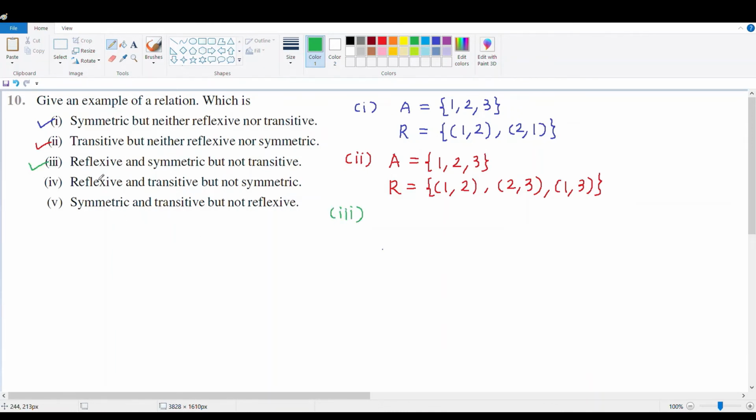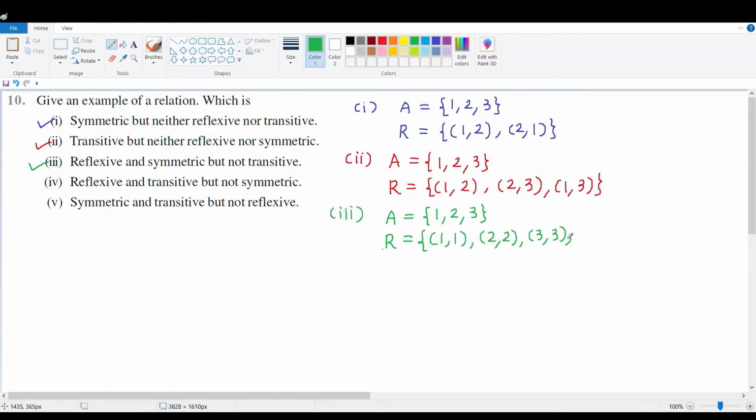For question 3, it must be reflexive and symmetric, but not transitive. So let's again take the same A: 1, 2, 3, and in our R set, this time we will have many elements because it must be reflexive and symmetric. Since it has to be reflexive, (1, 1), (2, 2), (3, 3) are going to be there, because if you have all these, then it is reflexive.